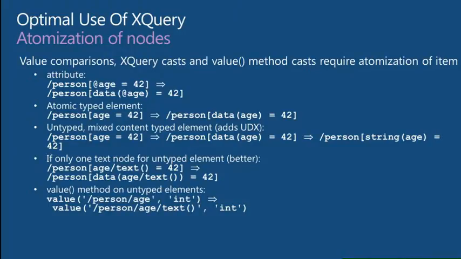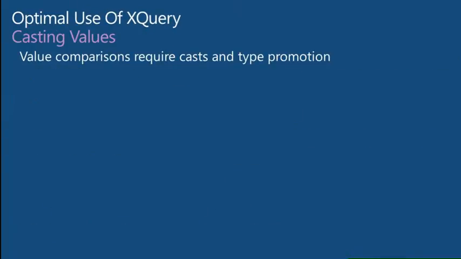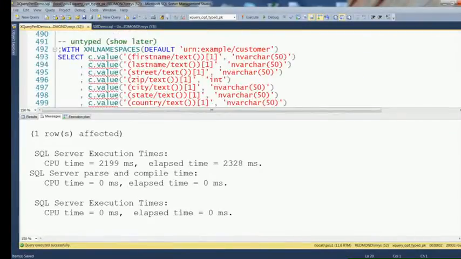And the same holds for my value method. Anything I said here for this predicate is the same here. Person/age integer is exactly the same issue. This is just saying that this string there basically prohibits index use. So let's take a look at this over here. You remember the query that I had early on?